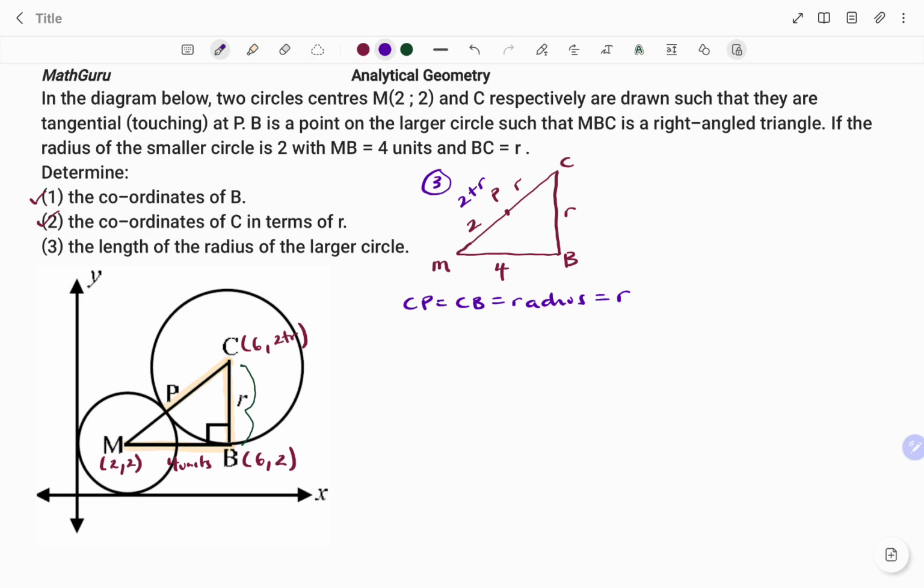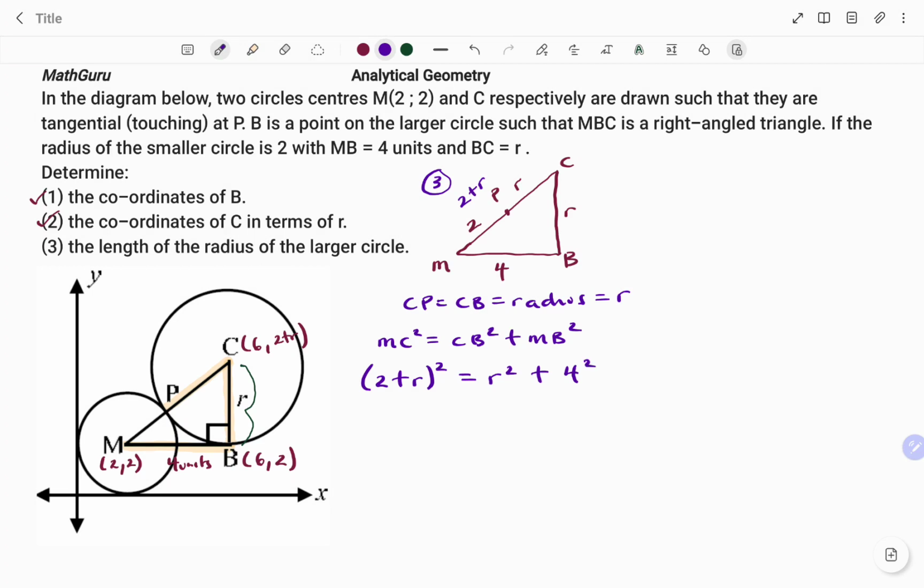Using Pythagoras' theorem, the longest side, which is the hypotenuse, MC, squared equals the sum of the squares of the other two sides, CB squared plus MB squared. MC is an expression, so I'm going to put that in brackets, all squared, equals R squared plus 4 squared.